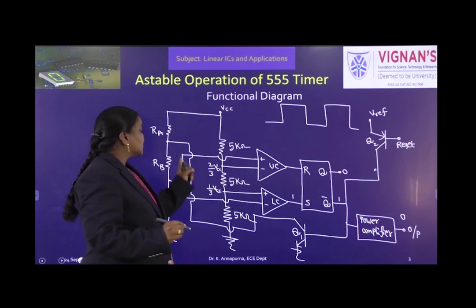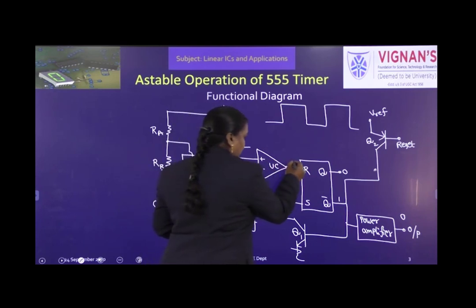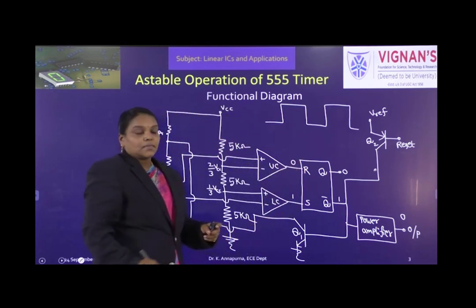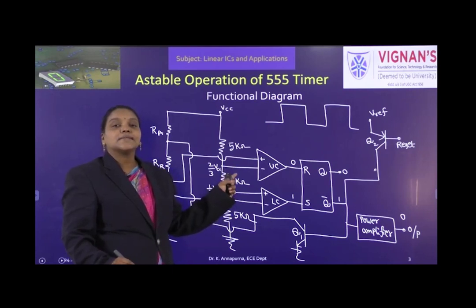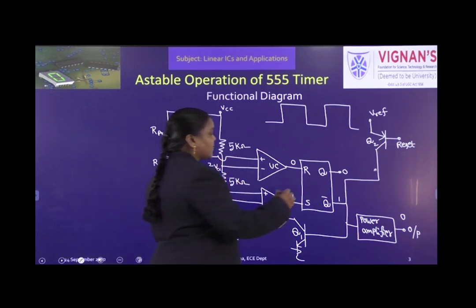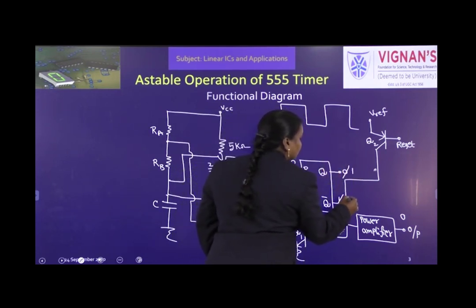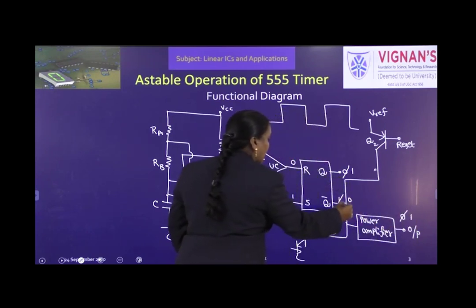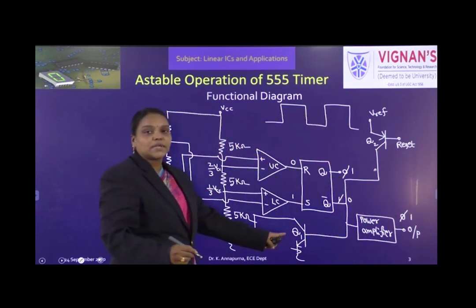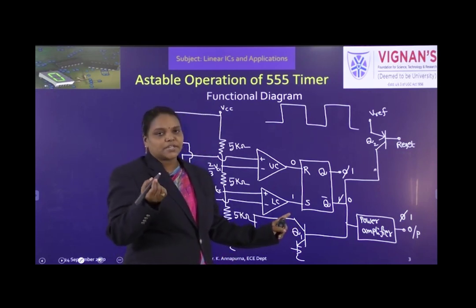This capacitor voltage falls below 1/3 VCC, so it is logic 0. So what will be the output for this condition? R is 0, S is 1, which sets the flip-flop. So now the Q is 1, Q bar becomes 0. So output becomes 1. And this 0 is given to the transistor, which means this transistor will be in off state.